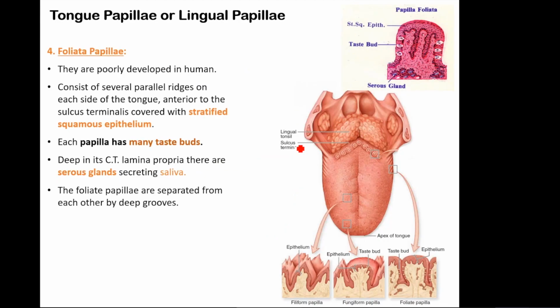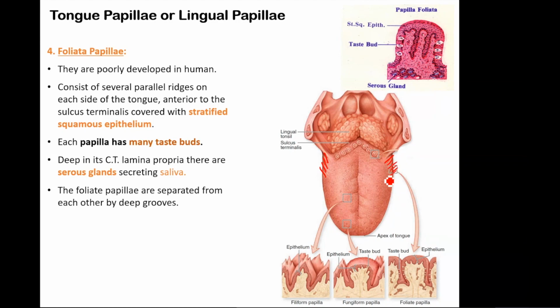The last type, the fourth type of papillae, guys, is not well developed in humans, but they are developed in rabbits, for example. Anyway, they are arranged as several ribs shown here.